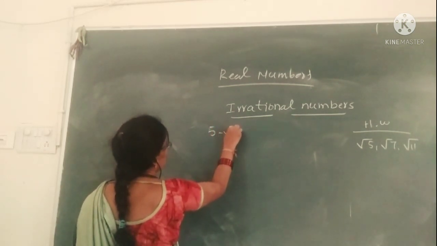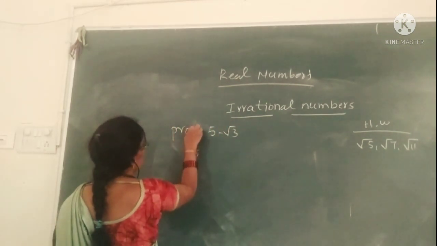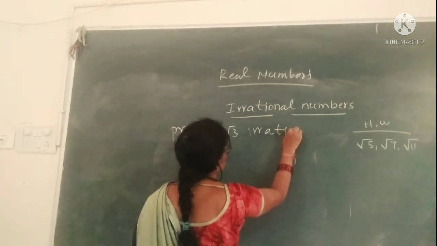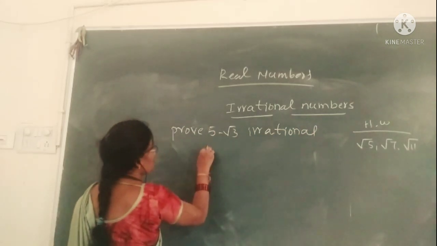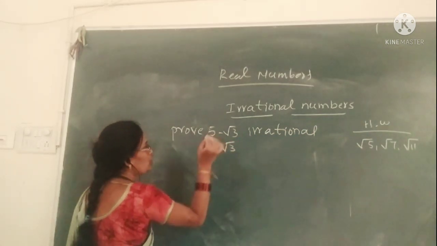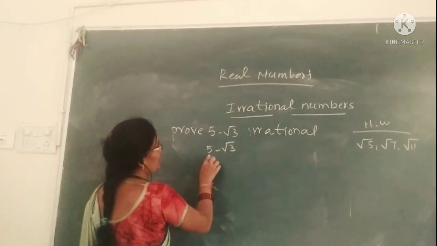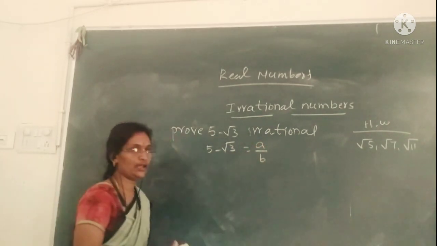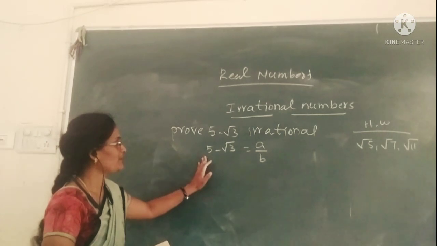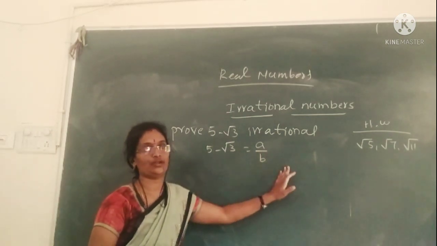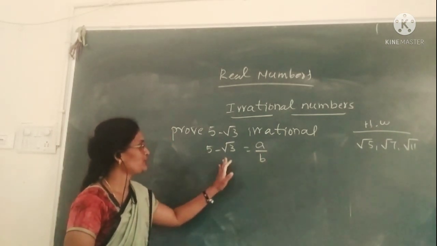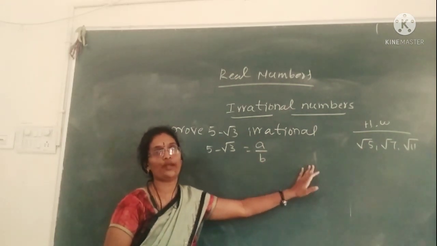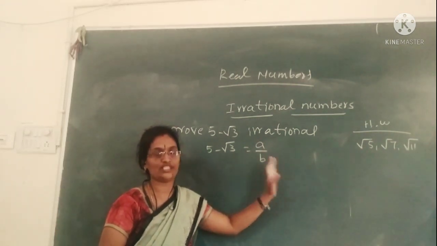Prove that 5 minus root 3 is irrational. Let us assume 5 minus root 3 is a rational number. So 5 minus root 3 is equal to a by b, where a, b are co-primes and b is not equal to 0.